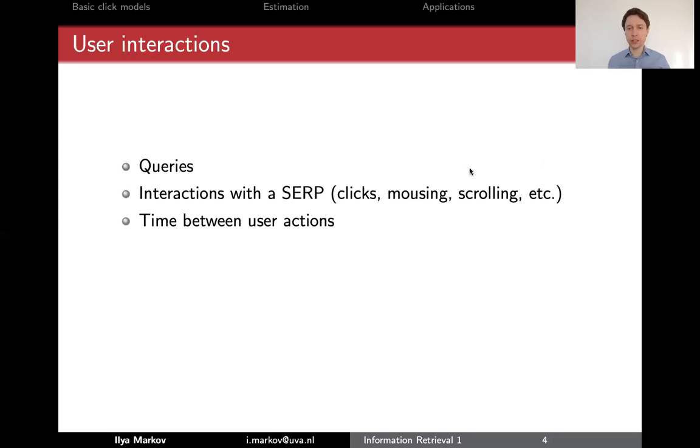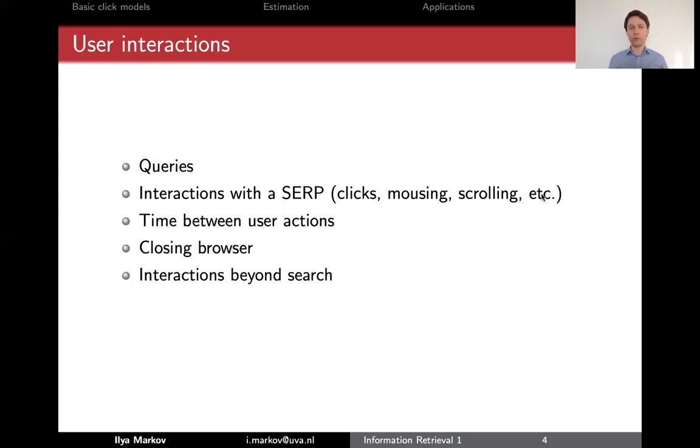Then these interactions have their properties, for example, time: the time between clicks, how fast you move your mouse, time between these interactions, time before first click, last click, and so on. And you can think of many other types of interactions, even just closing a browser or navigating to a different search engine. If you can track those interactions, those also can be useful.